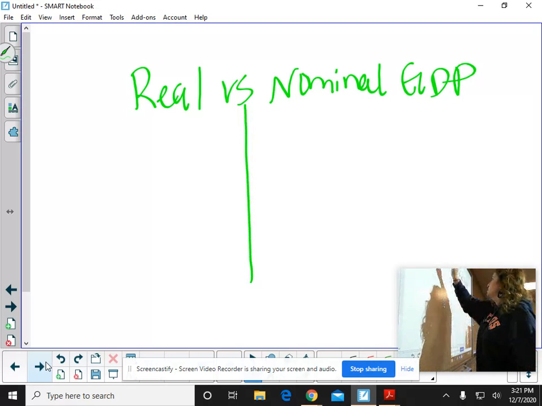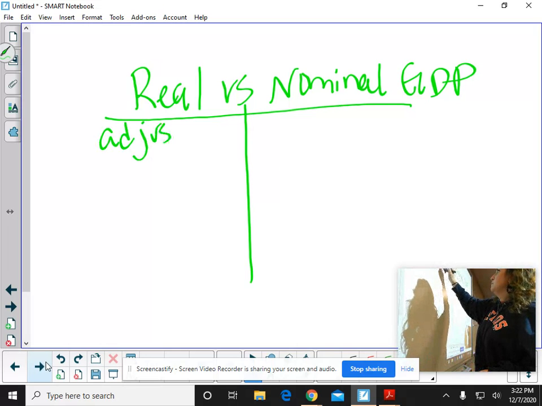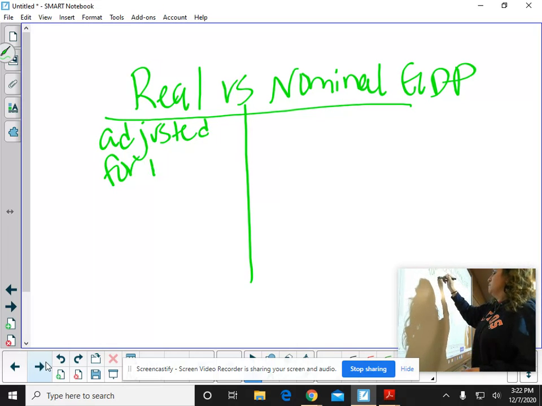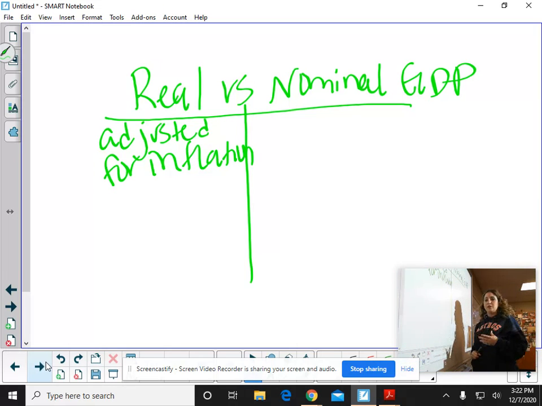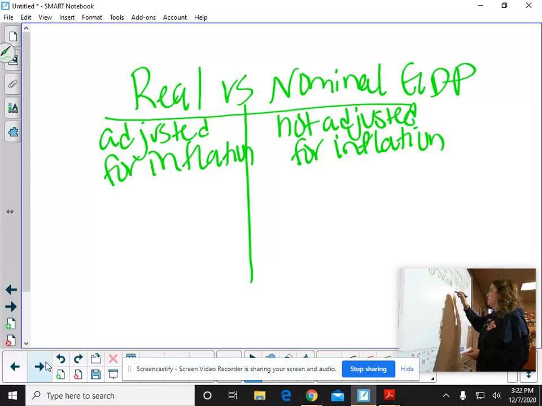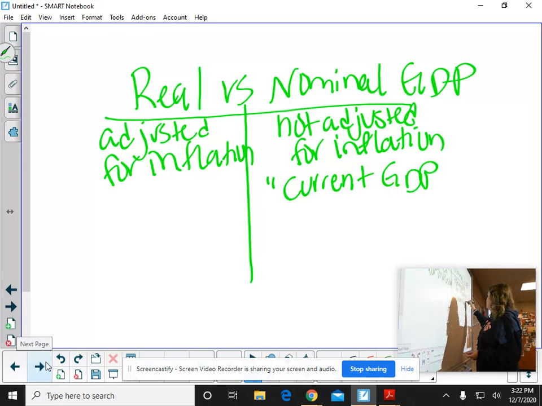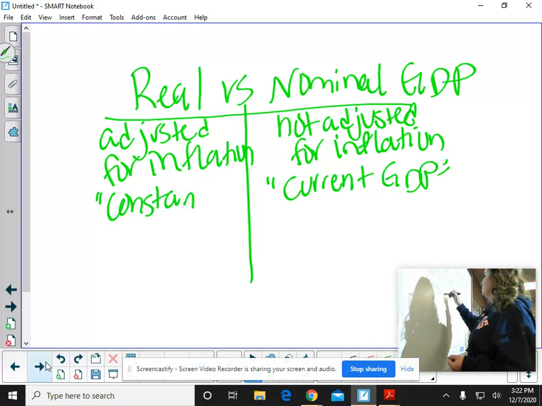Okay, so real GDP is adjusted for inflation. And that doesn't go just for GDP, that goes for any real value, it is adjusted for inflation, while nominal is not adjusted for inflation. A synonym of nominal is current, like current GDP, while a synonym for real would be constant GDP.